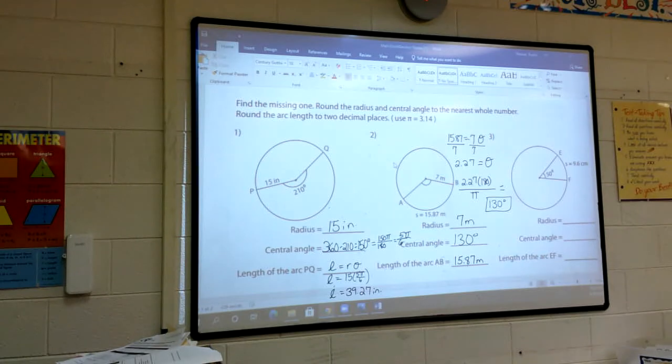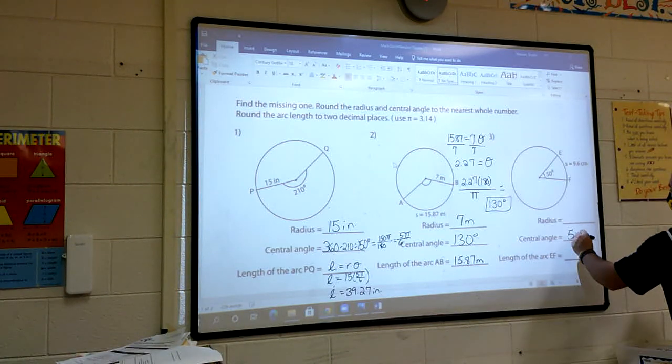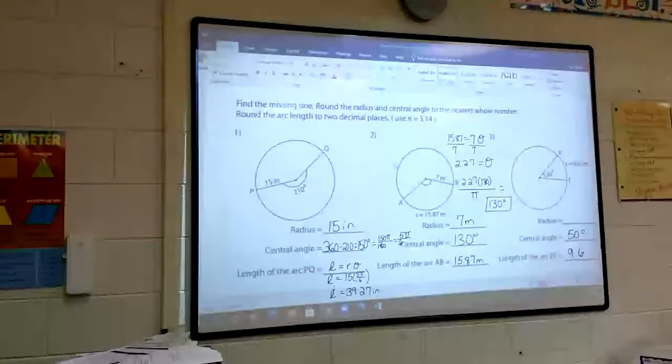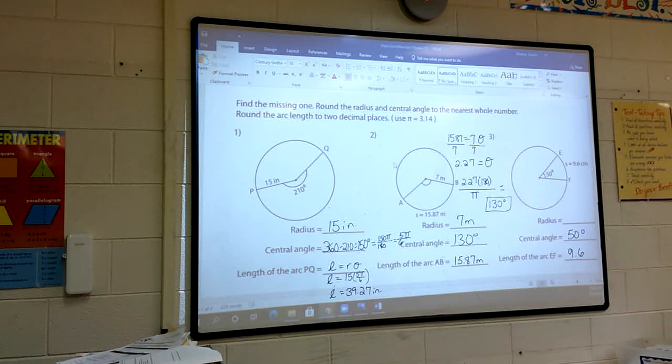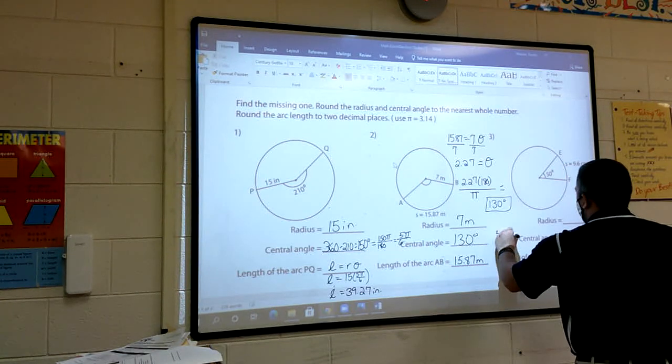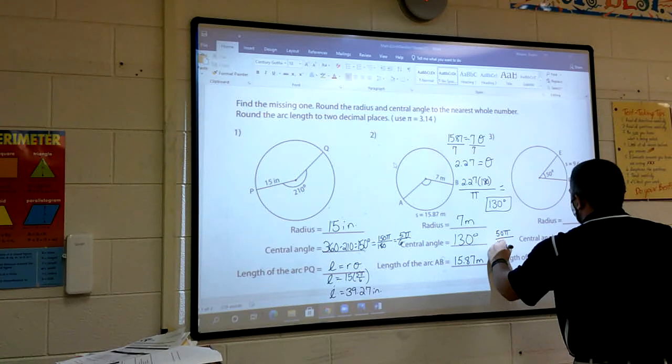So let's look at the last one. We don't know the radius. We do know the central angle, 50 degrees. We do know the length of the arc, 9.6, right? So the first thing we can do is take 50 degrees and figure out what is 50 degrees in radians. So how do we change it? We're going to say 50, remember that's 50 pi over 180.